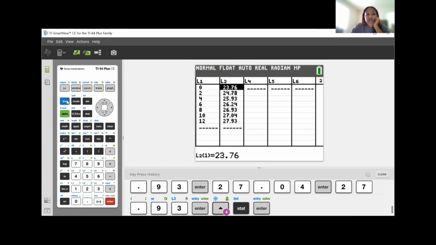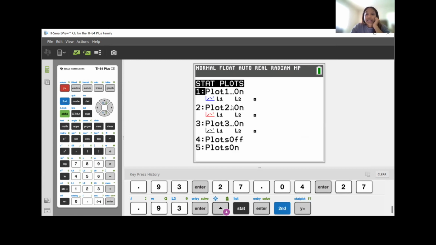We're going to go to second and then press y equals. That'll open up the stat plots. Some of them may say on or off. We want ours to be on, and we want where it says L1 and L2 here to say L1 and L2. If you have any different list, we have to change that. And basically this is just telling the calculator, hey, I put some statistics in L1 and L2. I want you to plot that.